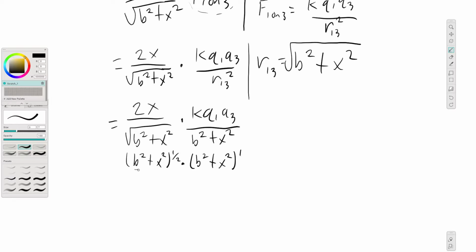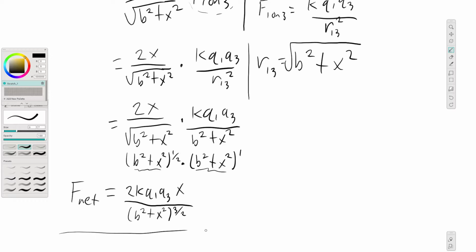So no matter what our guts are in here, if you're multiplying two things that have the same base but a different exponent, then you add the exponents. So I write that as the next step, that we now collect our numerators, and we write that. We now have a term for our F net.